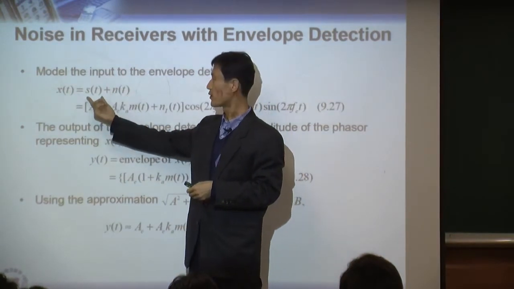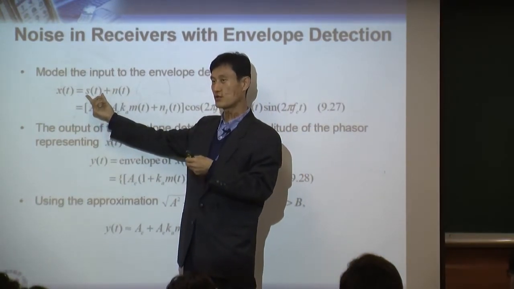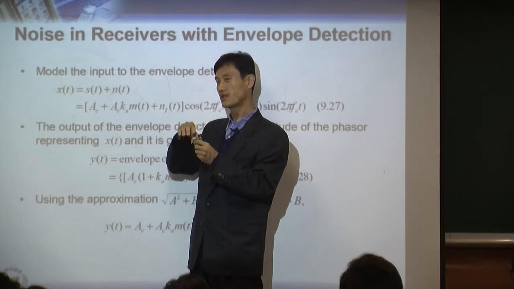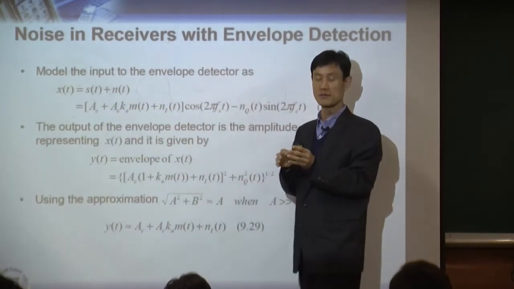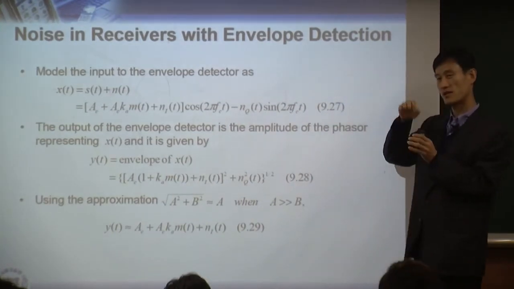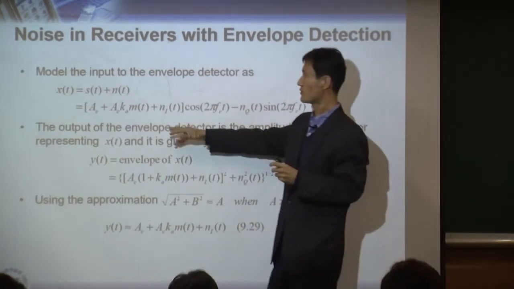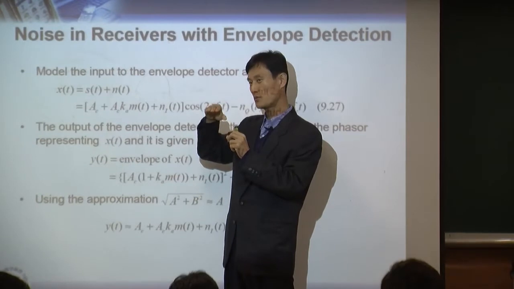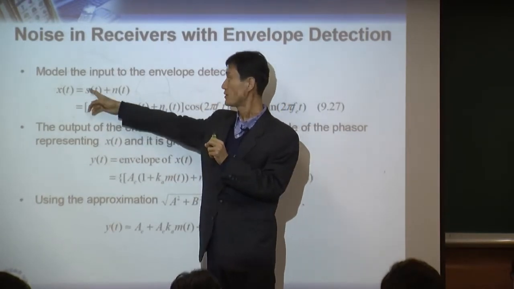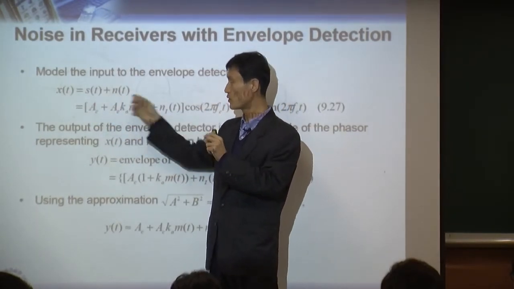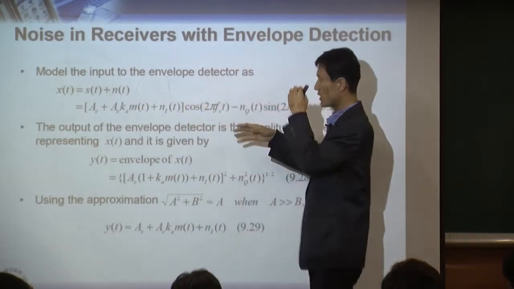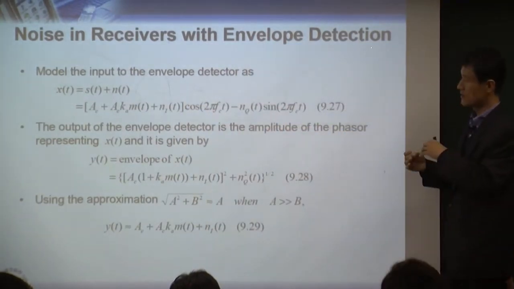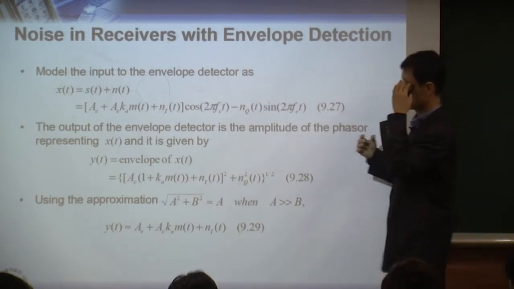Your original s(t) is amplitude modulated, so your information is in the amplitude. But because of the noise, your amplitude will be changed, because your amplitude plus some noise, and the noise will change your amplitude.